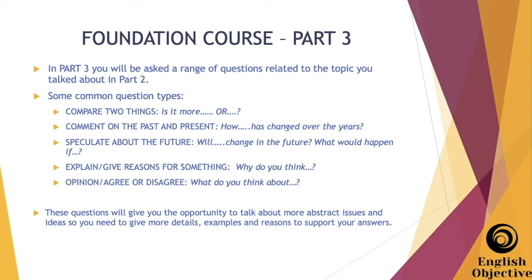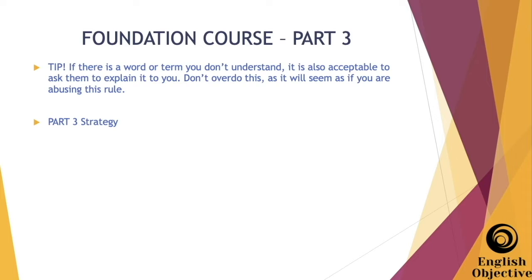So they would ask you about the world, countries in general, society in general, communities, people, right? So they are much deeper issues and much deeper questions than in part 1. That's why you have to give more details, more examples, and more reasons to support your answers.